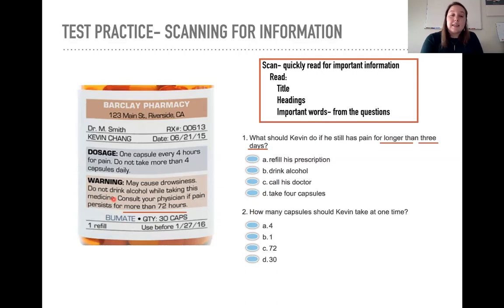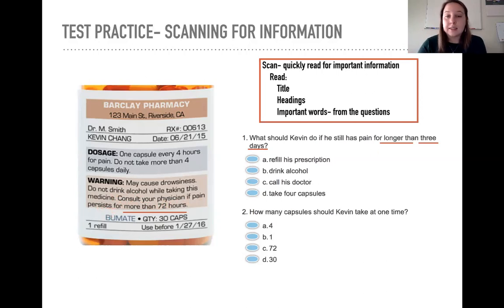So let's take a look at this sentence where it says consult. Consult means you need to talk to someone. You need to ask them questions. You need to let them know what is happening. So talk to your, what is a physician? Yes, it's just another word for doctor. So talk to your doctor if pain, and this word persists, it means to continue.